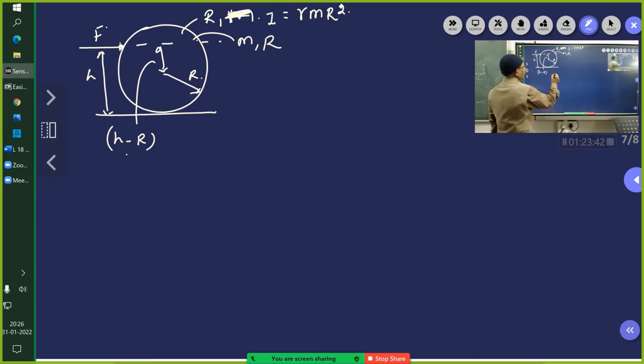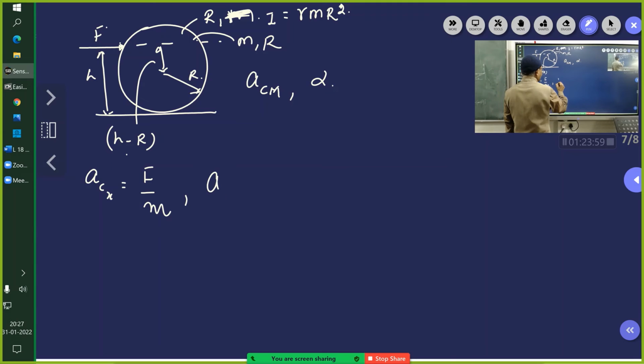So they are asking now ACM and alpha. Here, as we have already said, ACX will be equal to F by M, and ACY will be equal to 0.